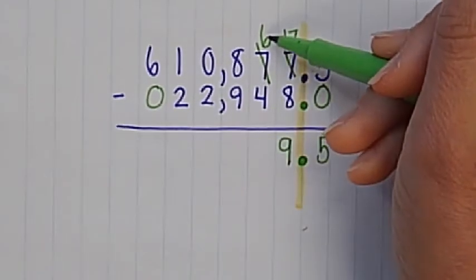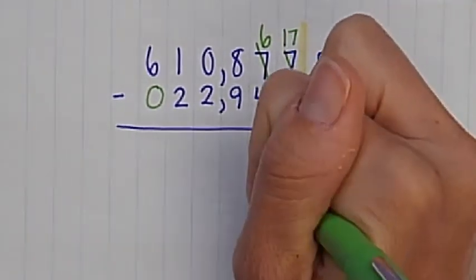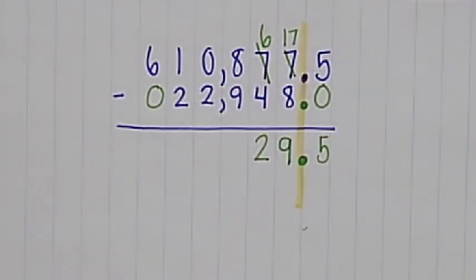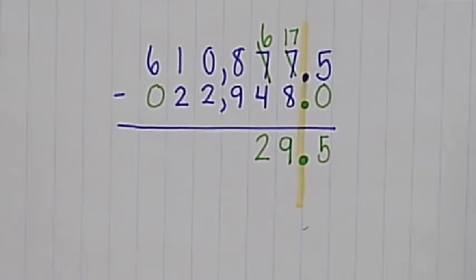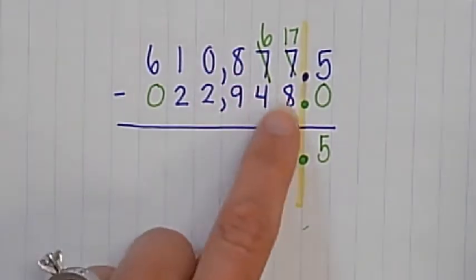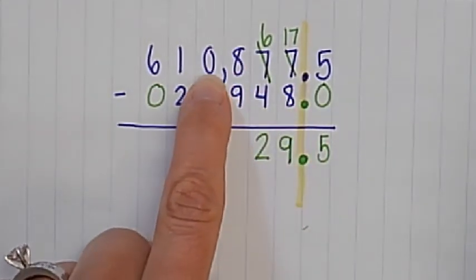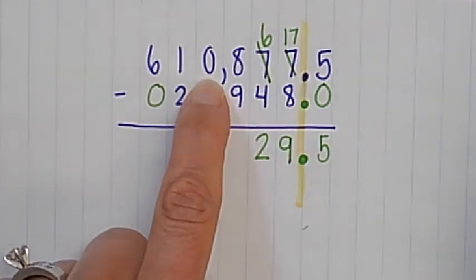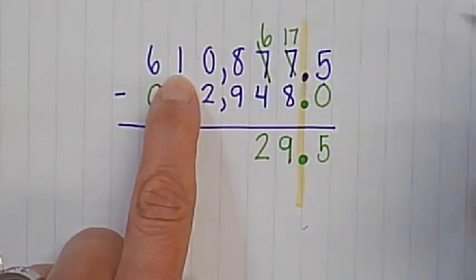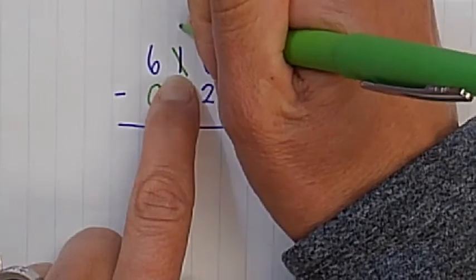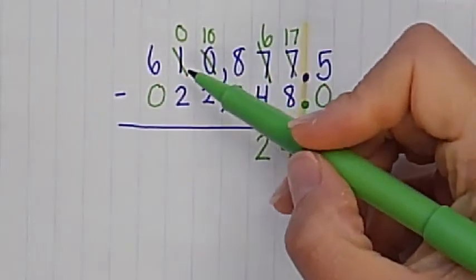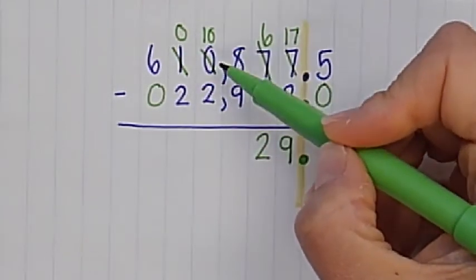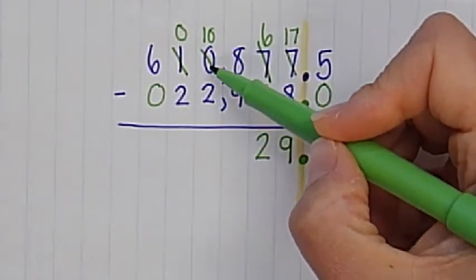And I go over to my tens. 6 tens minus 4 is 2 tens. I move over to the next column. 8 minus 9 I cannot do. So I've got to borrow from the next place. Well, I have no thousands, so I need to go all the way over and borrow from the 1. So the 1 becomes a 0, and this becomes a 10, because I took this 10,000 and I turned it into 10 thousands.